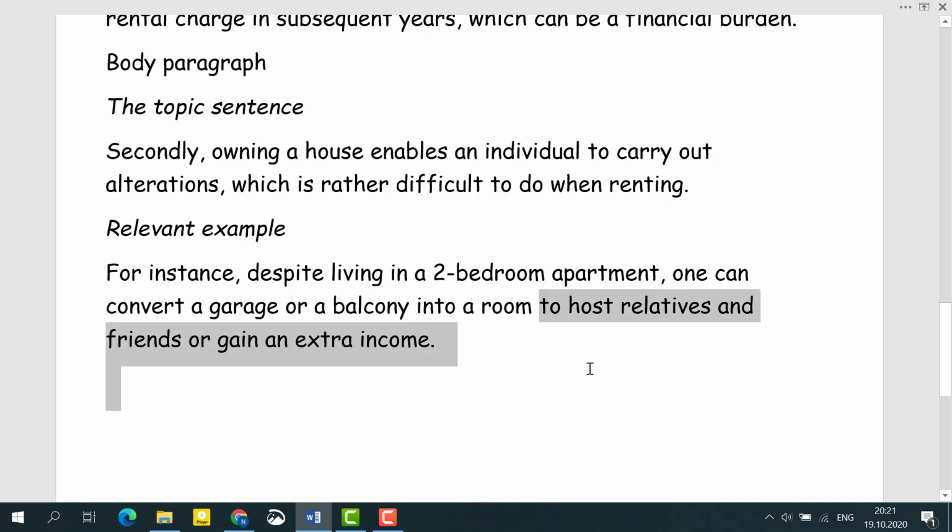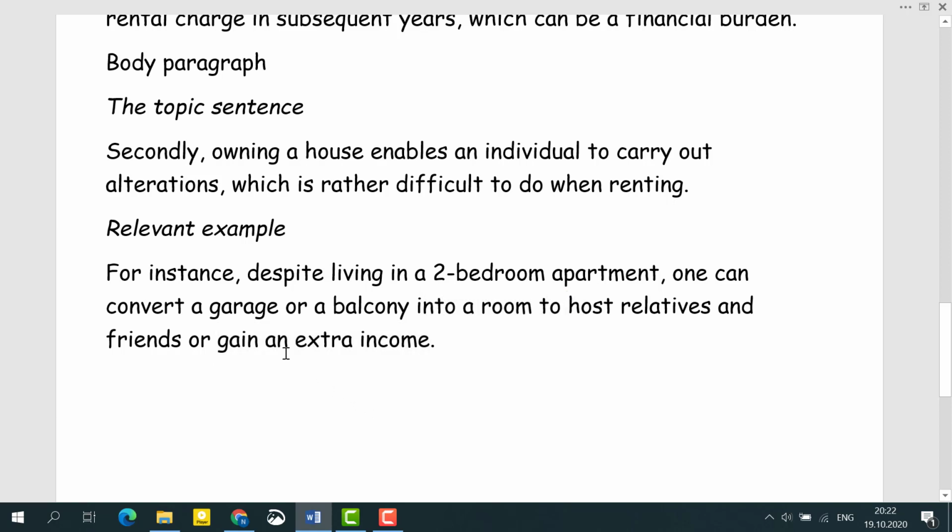Why? Again, it's very important to explain why. To host relatives. To host means that your relatives and friends come over to your house and you spend some time together, and then they might spend several nights at your house. So you host relatives and friends, or gain an extra income.